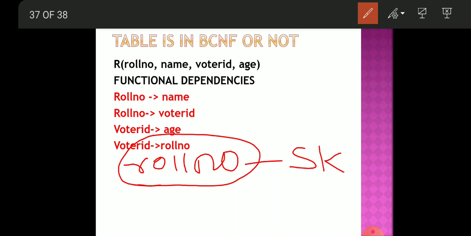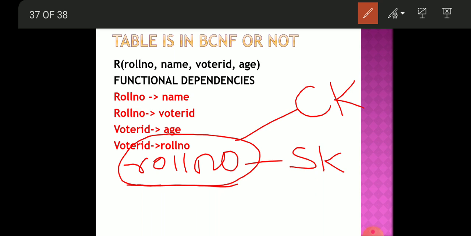And if we don't have any proper subset, then this attribute is a candidate key. So this is a super key as well as a candidate key. Now we have to check further: is any other candidate key possible or not?